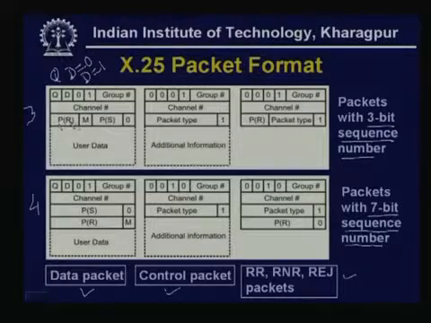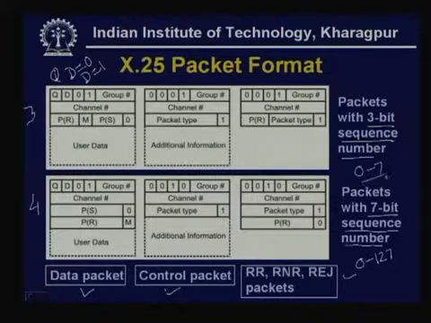Then the PR and PS are used for acknowledgement and flow control. For example, the sender uses PS as the sequence number of the packet. That sequence number can be from 0 to 7 if it uses 3-bit sequence, or 0 to 127 if it uses a 7-bit sequence number.